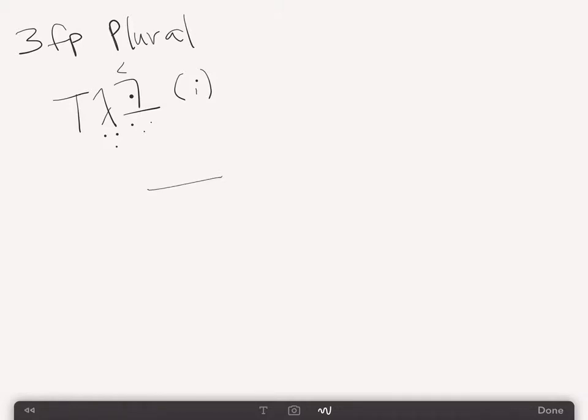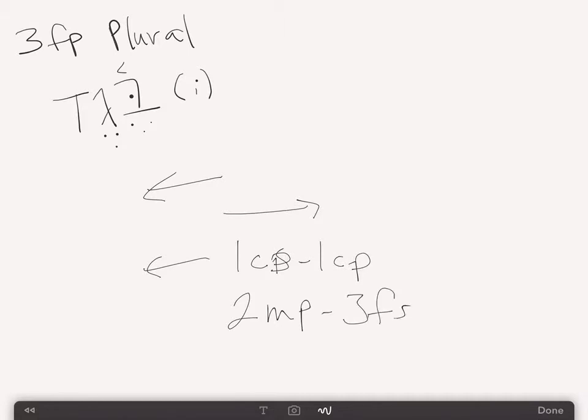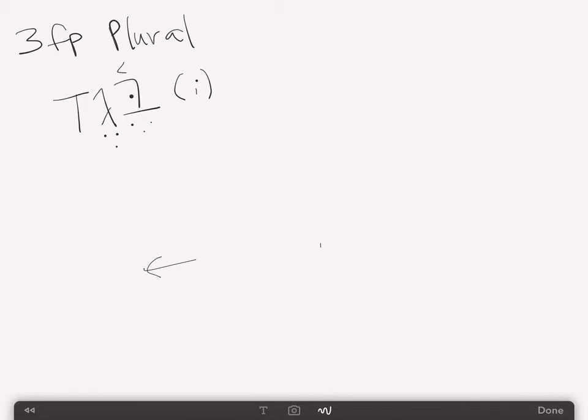If you remember, we go absolute this way, construct this way, 1CS through 1CP this way, 2MP through 3FP, we're going to use the segolate pattern. Sorry, this is the one we're looking at right here. So we are going to use the segolate proto pattern. Let me erase all these little pieces. Very good. And let's rock and roll.